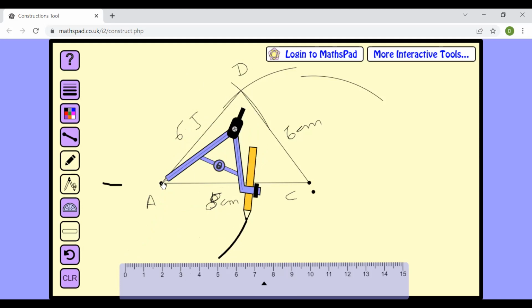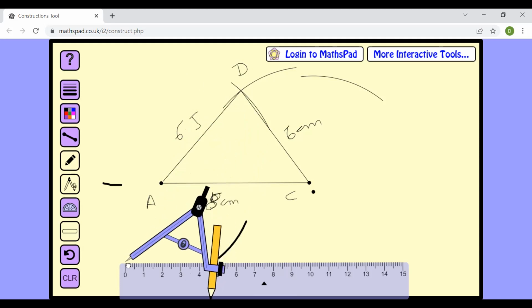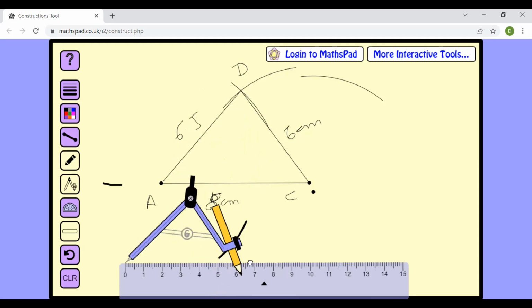Now from point C, you need to draw an arc at 7 centimeter because BC is 7.